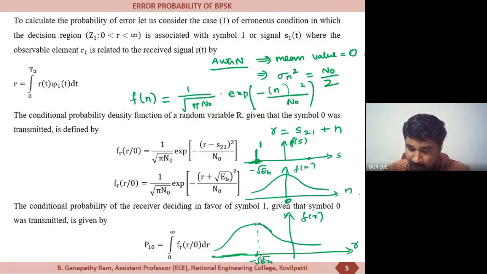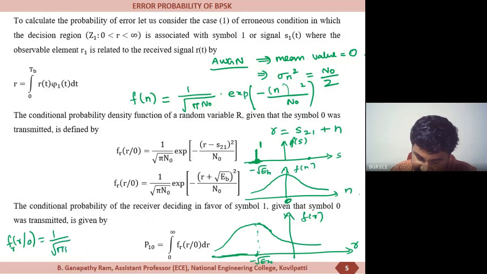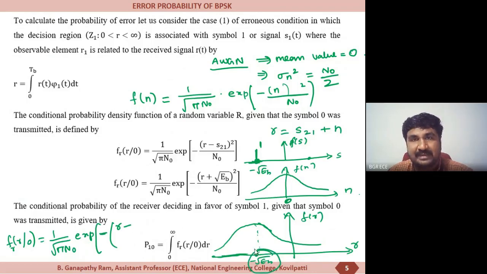Hence, f_R(r | 0 is transmitted) follows the same Gaussian distribution, exponential of minus, the variable is r here, and the mean is minus square root of EB.